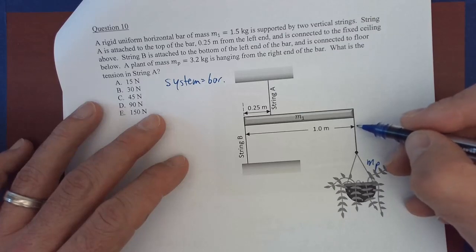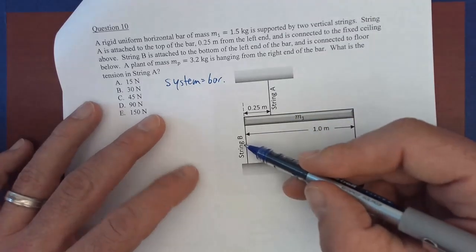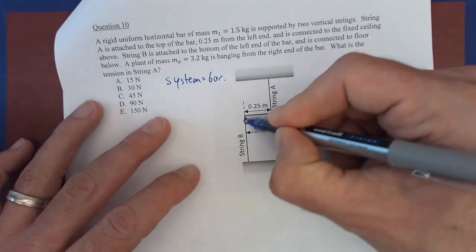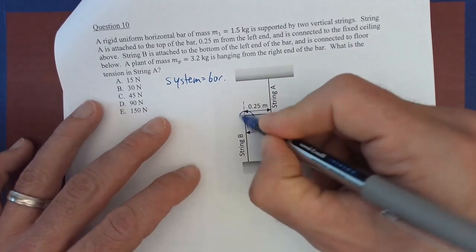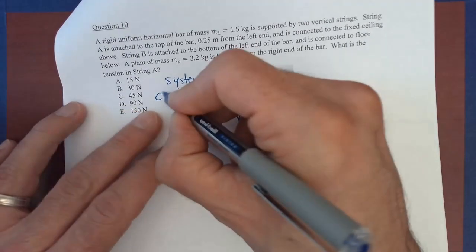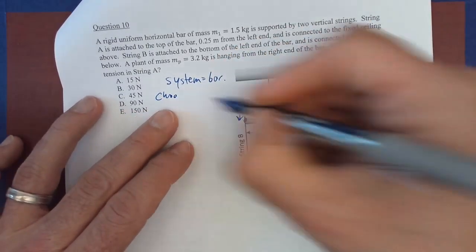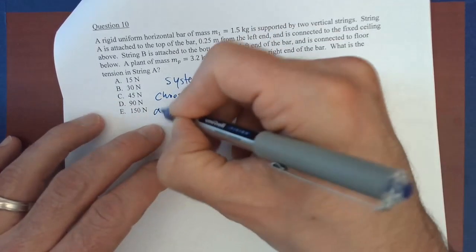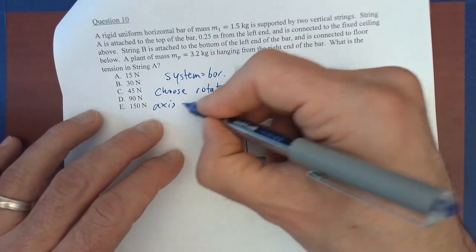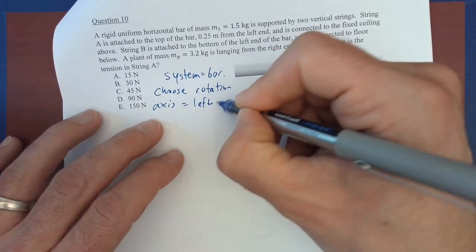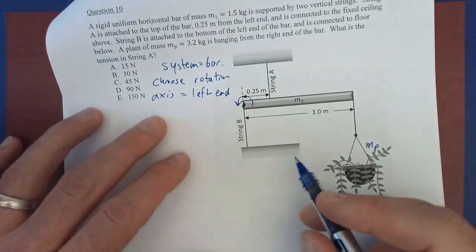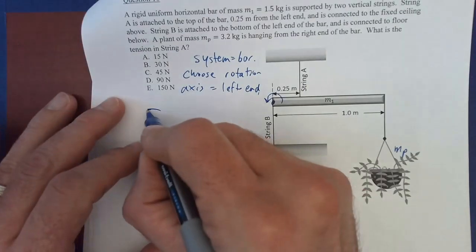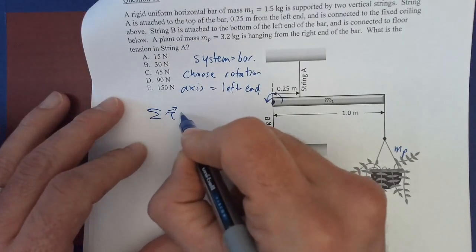So the tricky ones here are the tension in string B and the tension in string A. And I don't care about the tension in string B, so I'm going to choose the rotation axis to be the left end of the bar, because that's where the tension is that I don't care about. But basically, I'm just doing that the sum of all the torques around that point is equal to 0.